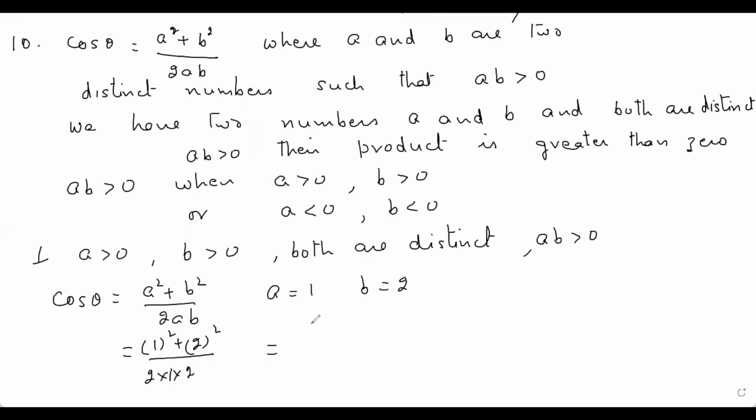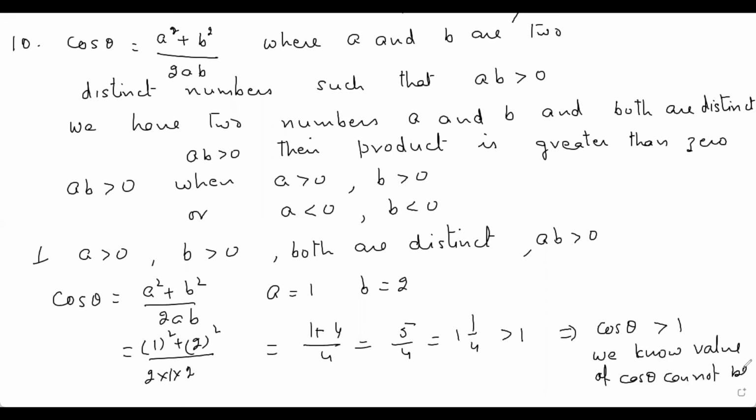That is equal to 1 plus 4 upon 4. That is 5 by 4. That is 1 by 4, which is greater than 1. So it implies cos theta is greater than 1. And we know value of cos theta cannot be greater than 1. So this is case 1.